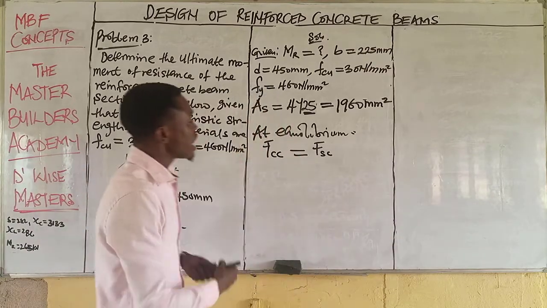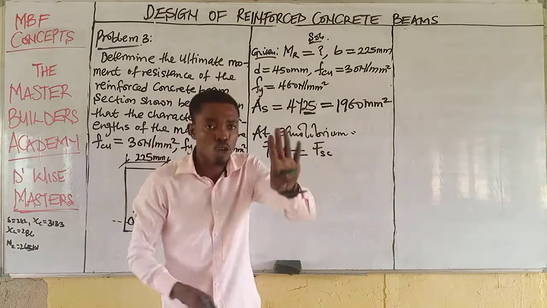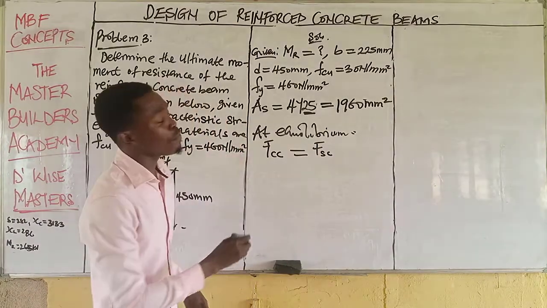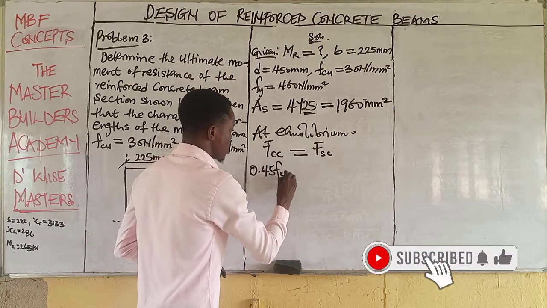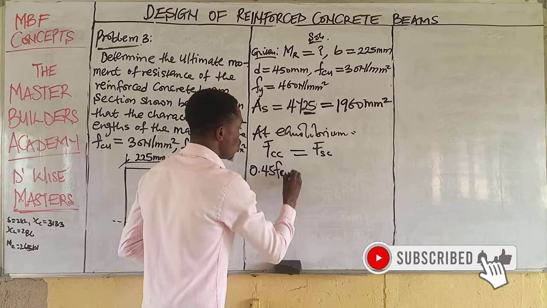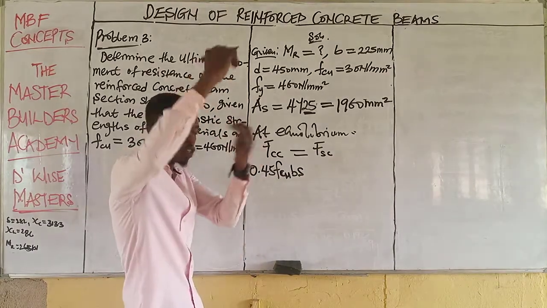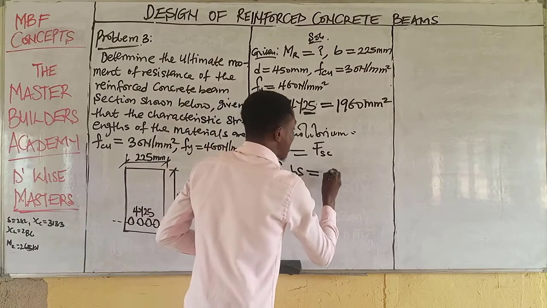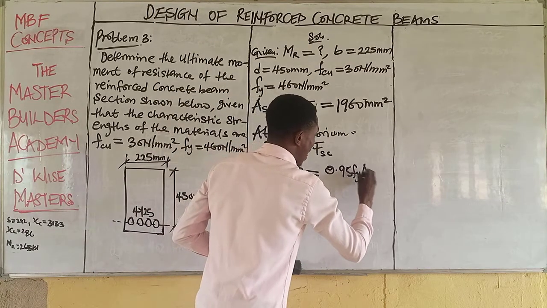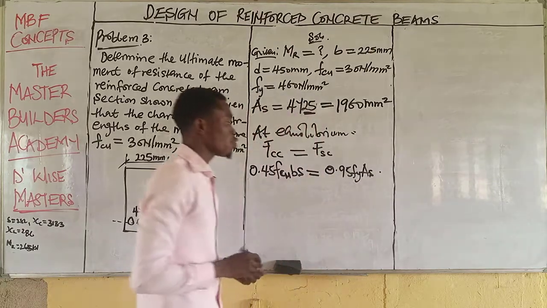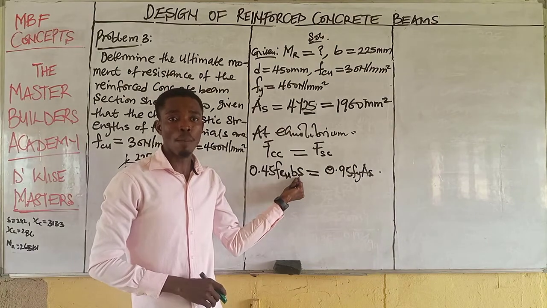Are we there? So, if this is taken, all we need to do, what is the compressive force of concrete? Now, the compressive force of concrete is 0.45 of the strength of concrete, f_cu, multiplied by the area of concrete at the compression zone. Then this is equal to 0.95 of the steel strength, f_y, multiplied by the area of the steel. This is what we have. This is the area of the concrete at the compression zone.